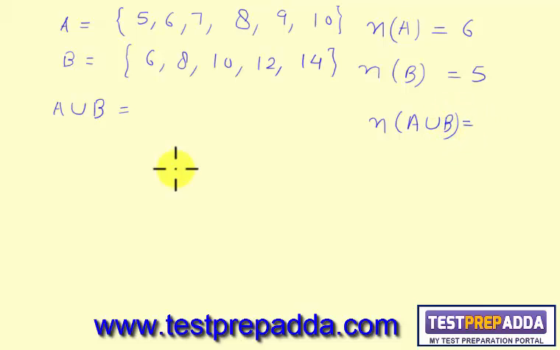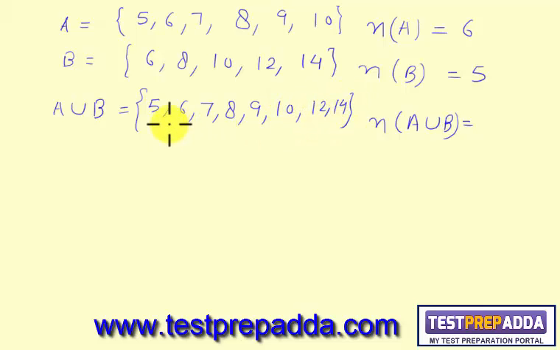Then I'll find A union B, all the elements which are there in either A or B. So I'll write 5, 6, 7, 8, 9, 10, 12, 14.